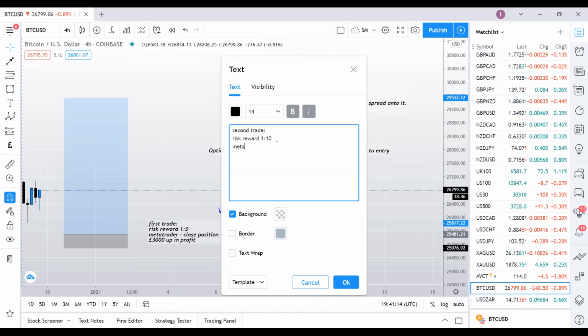Your profit should be at this point 20K. You're printing 10K in profit.